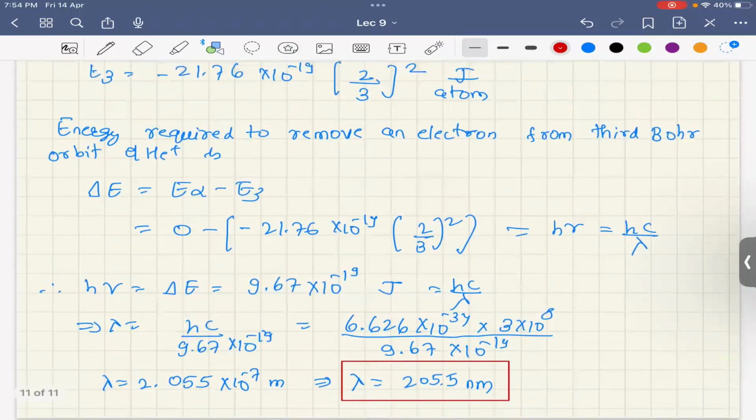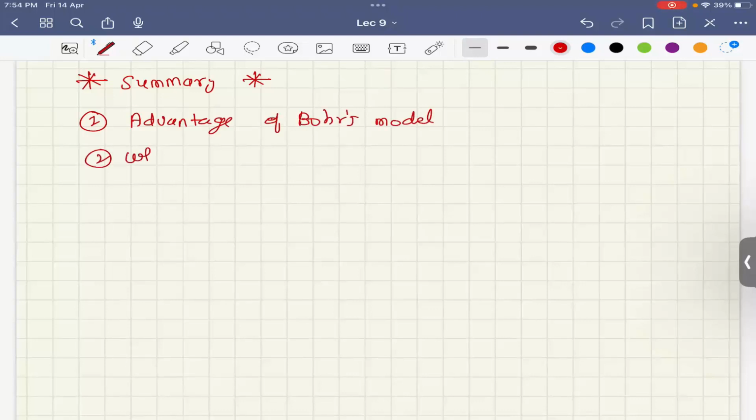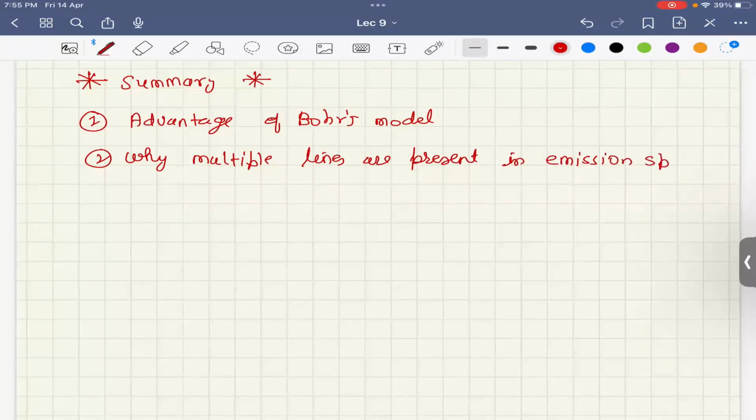So in summary, what we have studied today: we have studied the last advantage of Bohr's model, why multiple lines are present in the emission spectra of hydrogen atom.